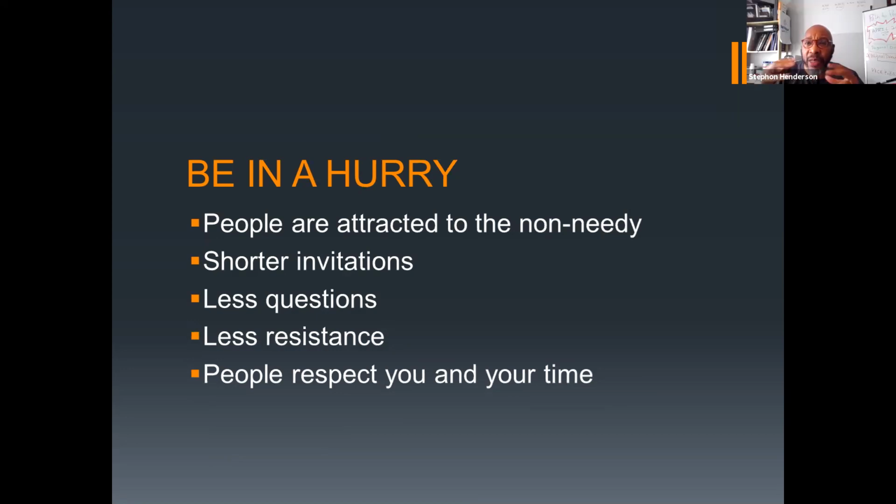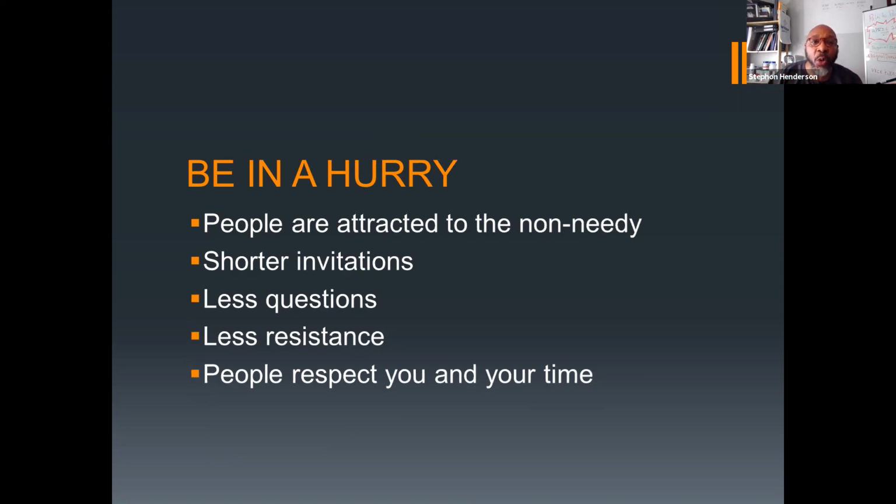If you had the cure for cancer, or if everybody needed oxygen and you had the endless supply of oxygen, they need you.